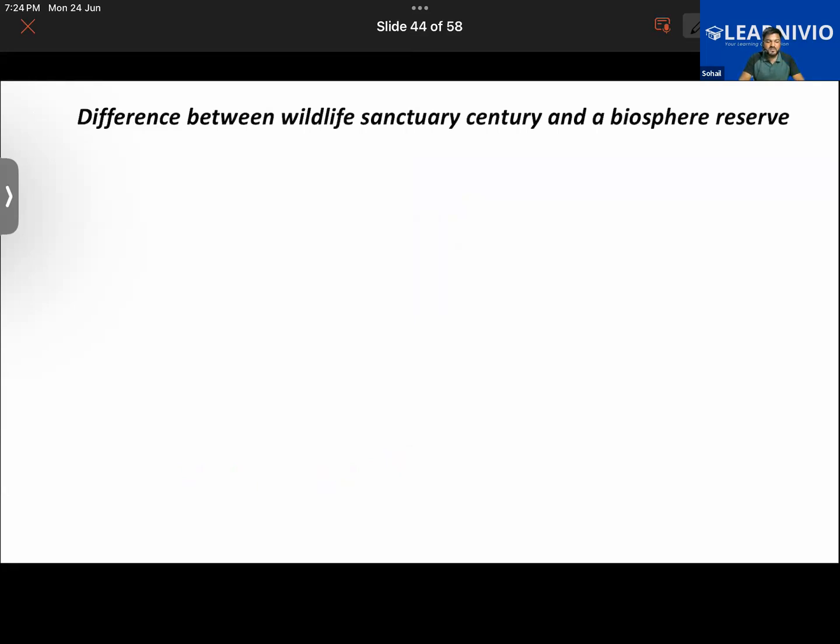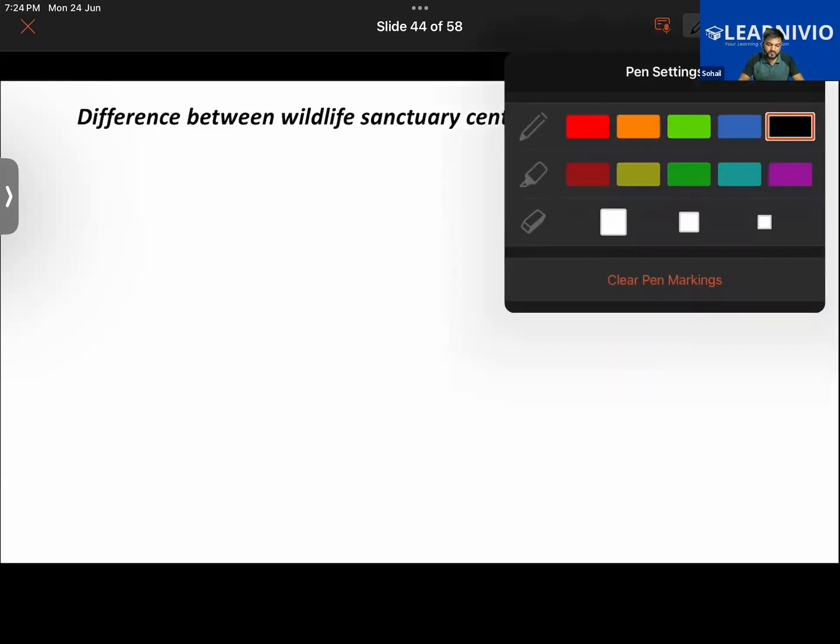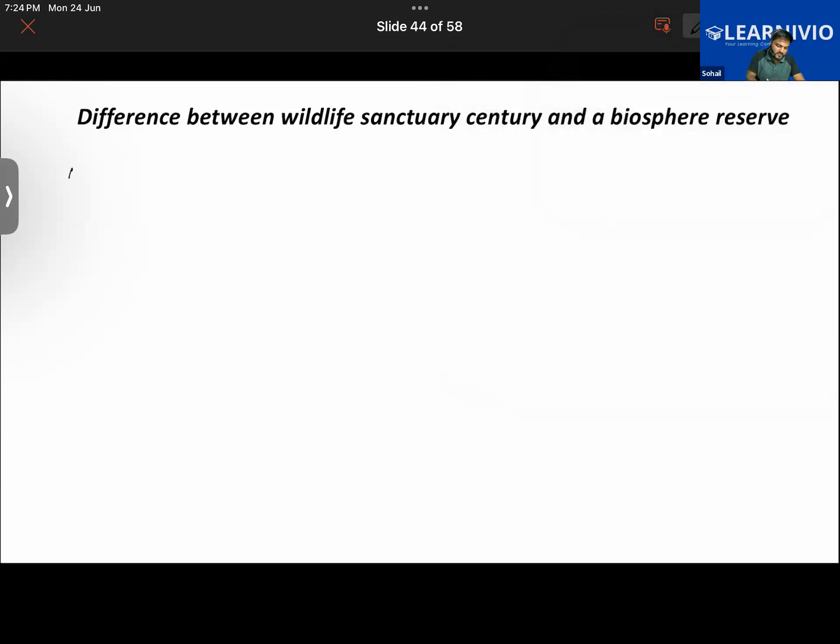Now let us understand the difference between a wildlife sanctuary and a biosphere reserve. How are they different from each other? Here you have a wildlife sanctuary, and on another side, a biosphere reserve. First of all, talking about the area, which one is bigger?